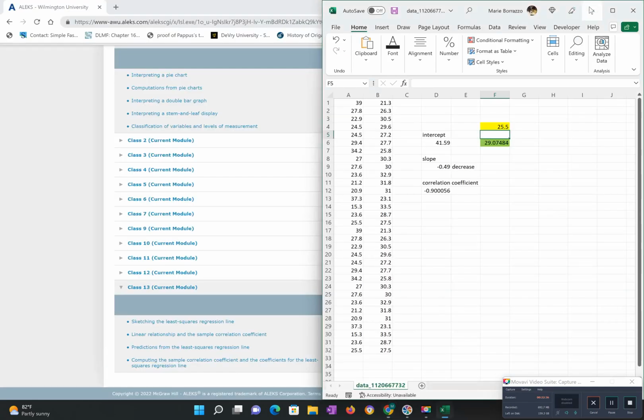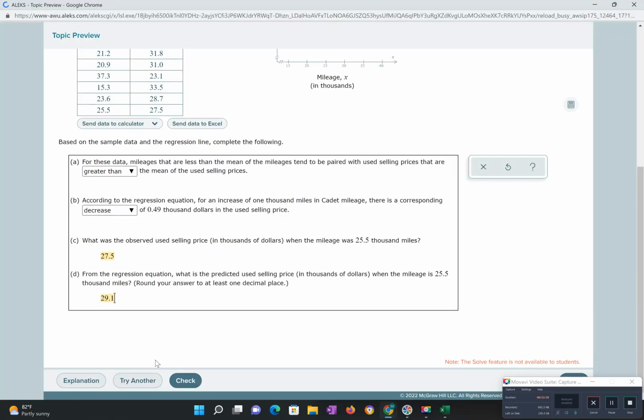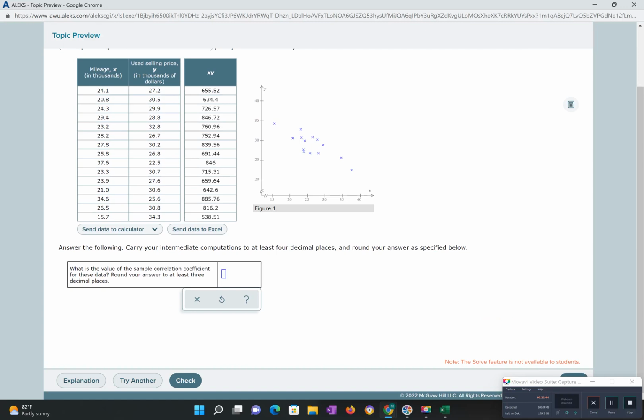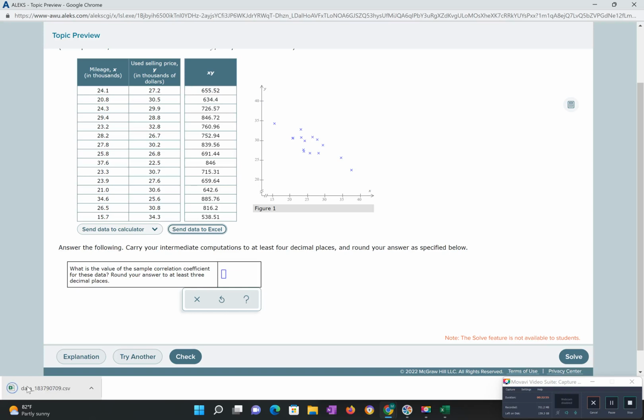All right, let's take a look at the last question. They're asking us to compute a correlation coefficient. Now, they are asking us to maybe use, let's see, if I use the data and send it to Excel.